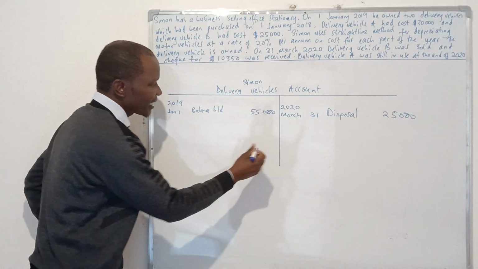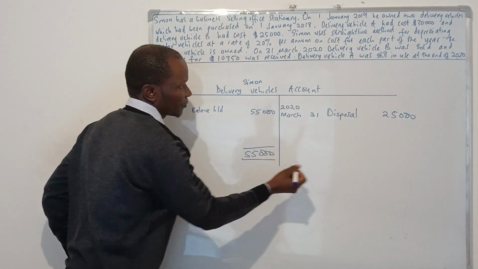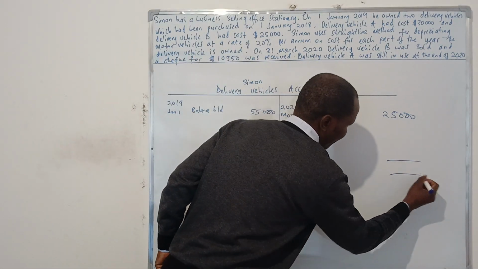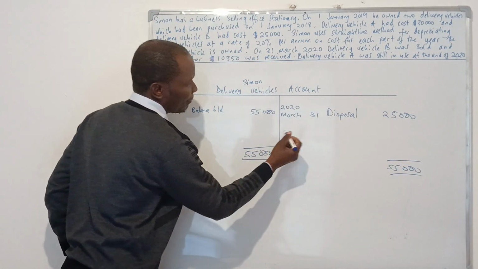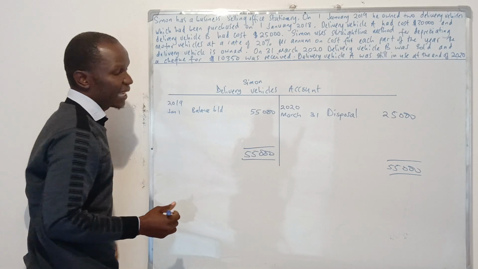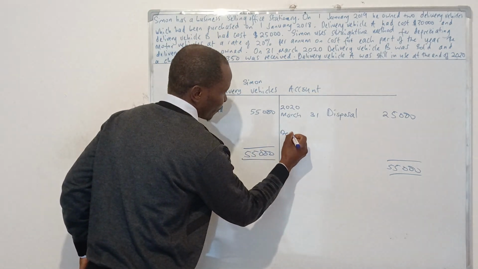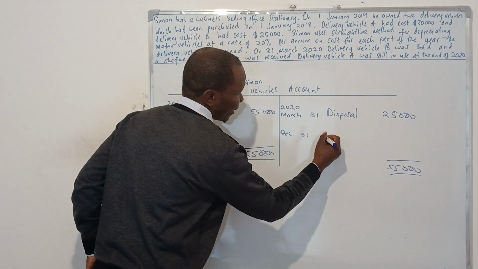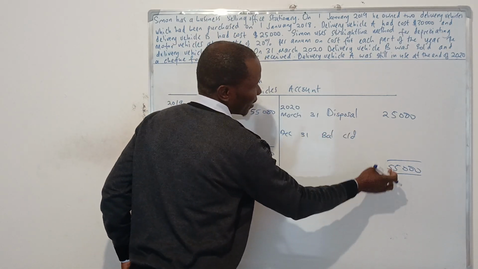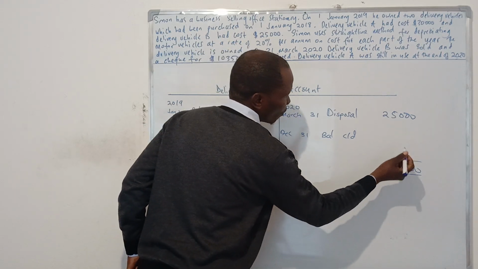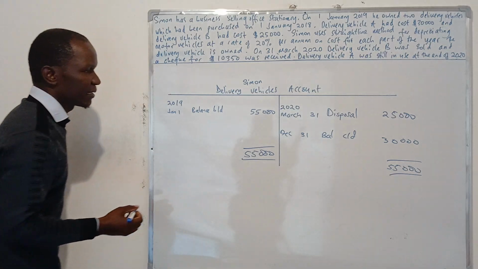Which means that here we have 55,000, and then here we have 55,000. So the balance c/d at the end of the year, which is basically December 31, isn't it? Balance c/d, the balancing figure here is how much? 55 minus 25, which gives us 30,000, isn't it?